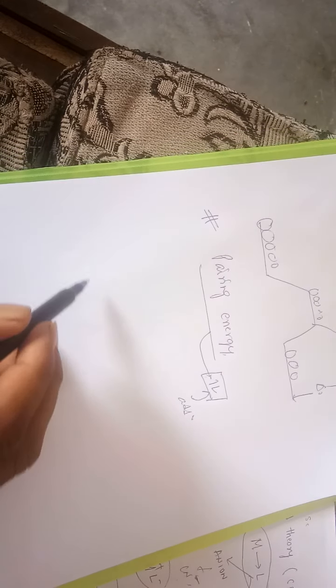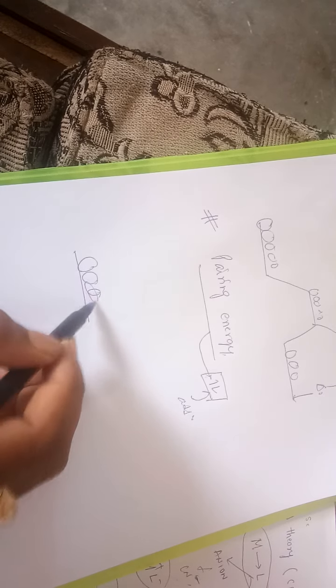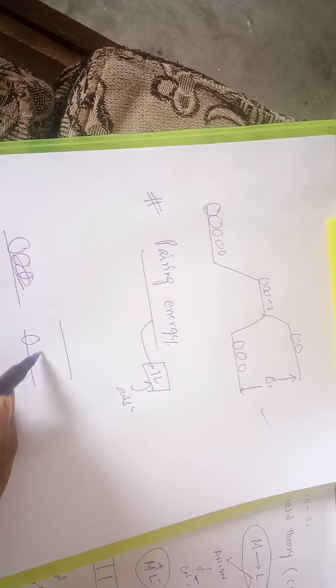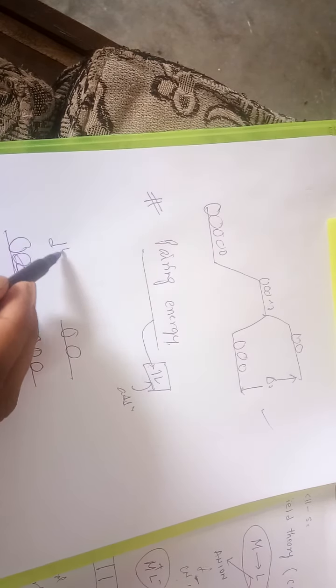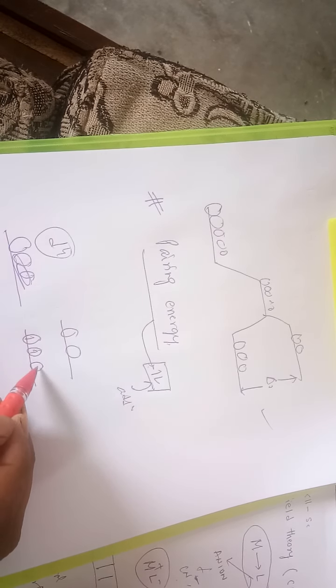Now if a system, I am drawing this level. Now if you have a d4 configuration, then electrons are distributed like that, 1, 2, 3.